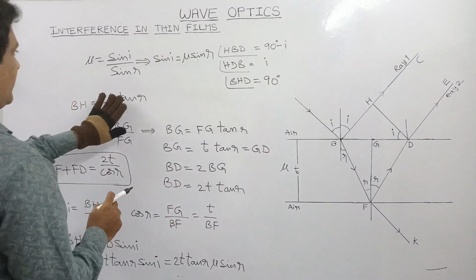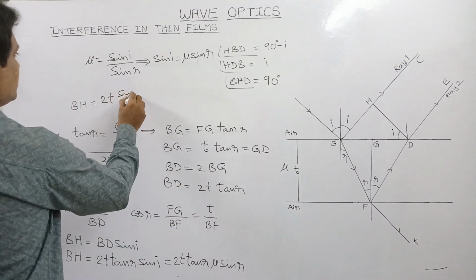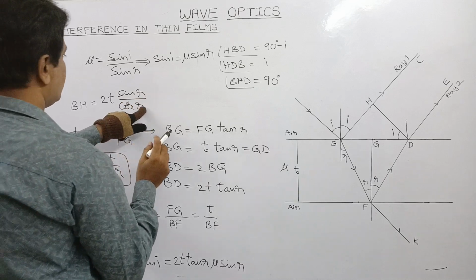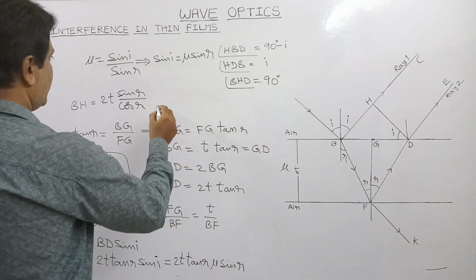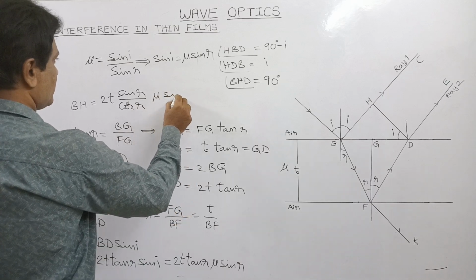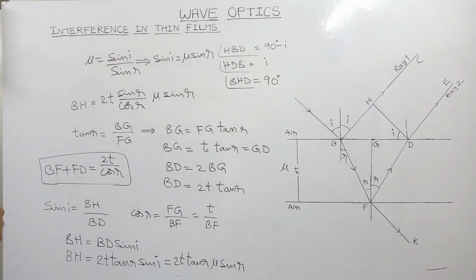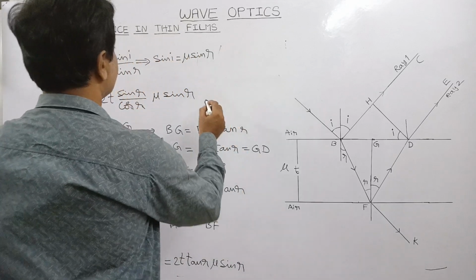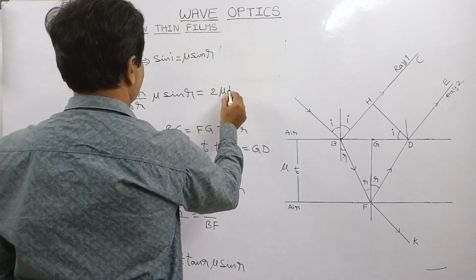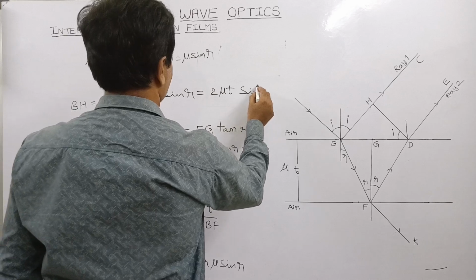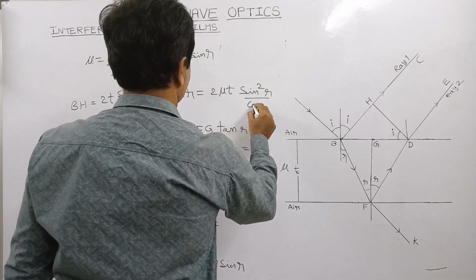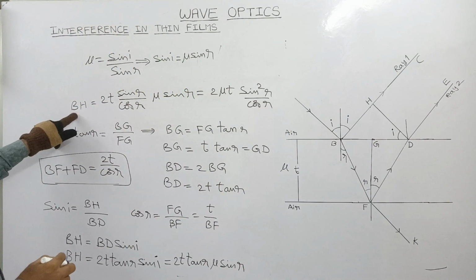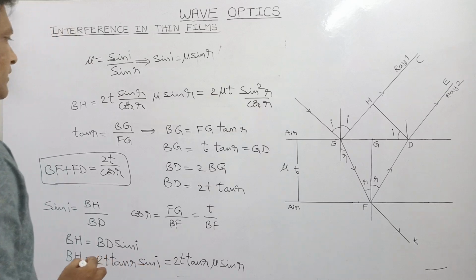This tan r can be written as sin r by cos r, and again mu sin r. So this becomes 2 mu t sin square r by cos r. So finally we got BH is equal to 2 mu t sin square r by cos r.